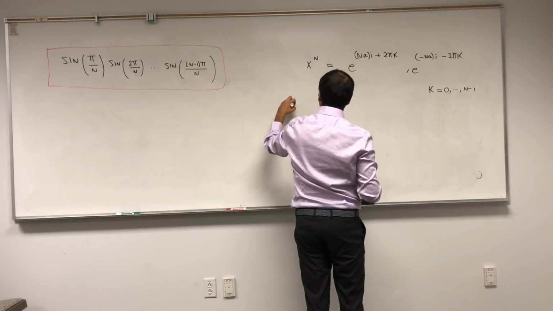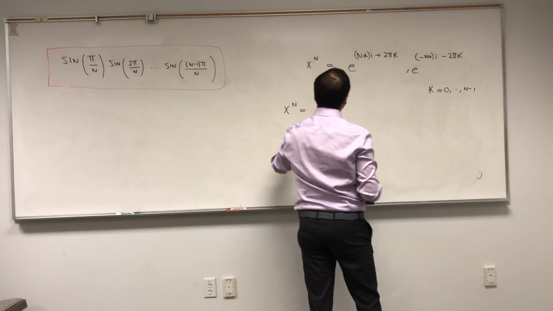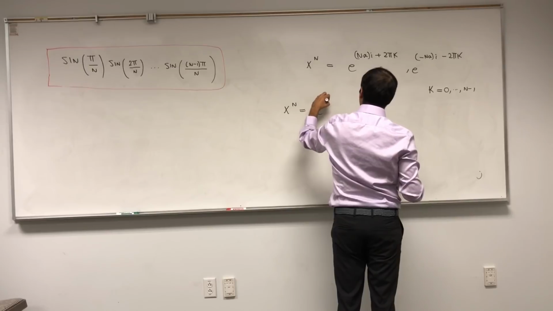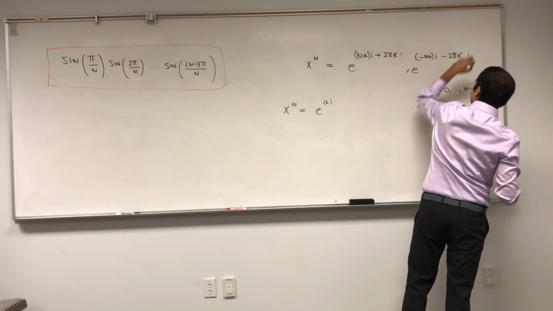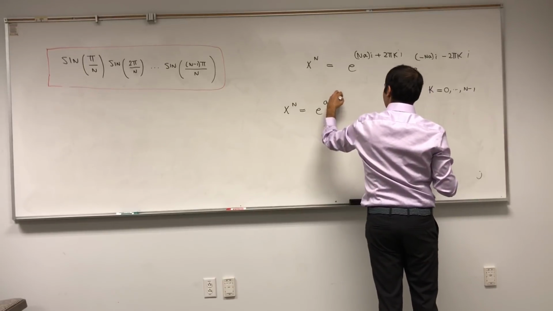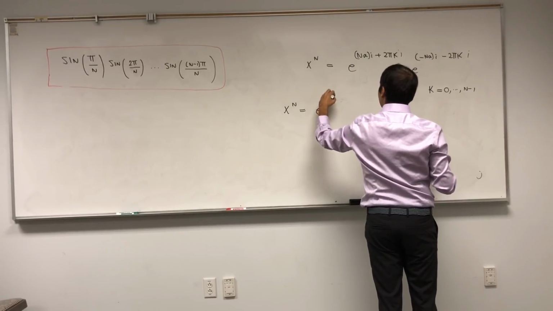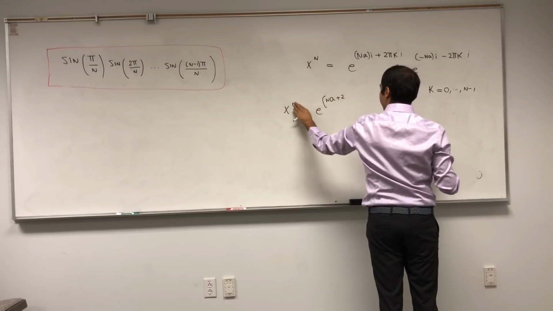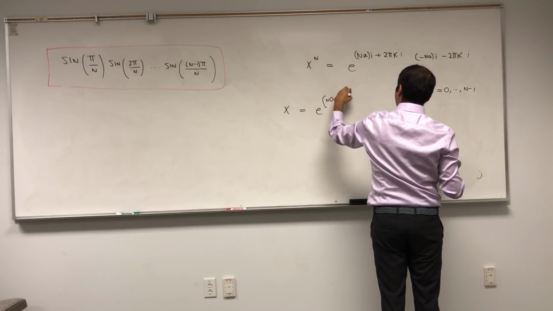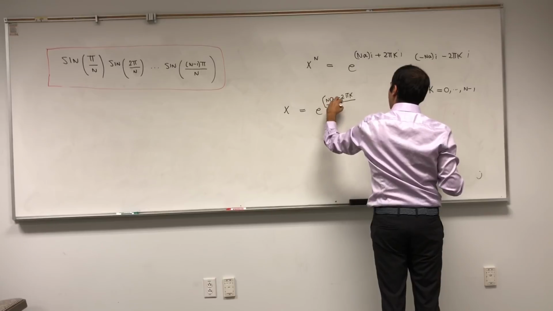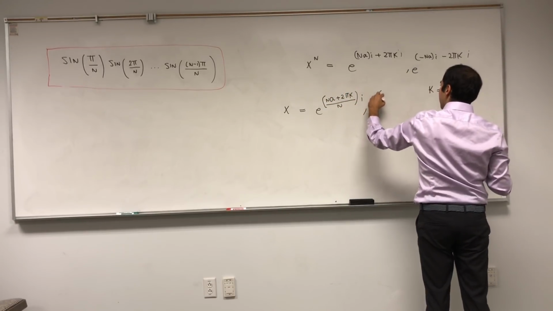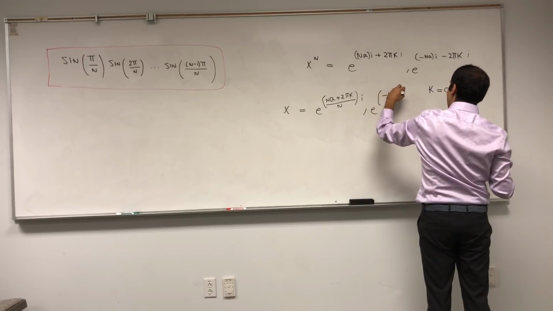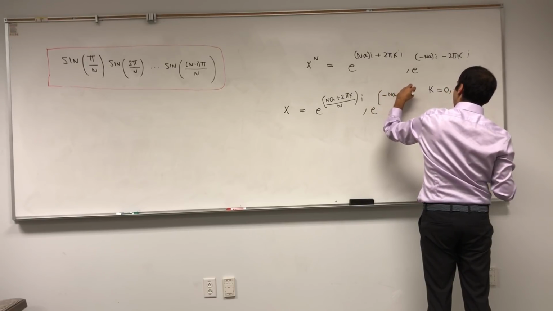And now we can take n-th roots. So x to the n is e to the nai, sorry, I forgot i's here. So e to the i times na plus 2 pi k, and e to the minus i times na minus 2 pi k.